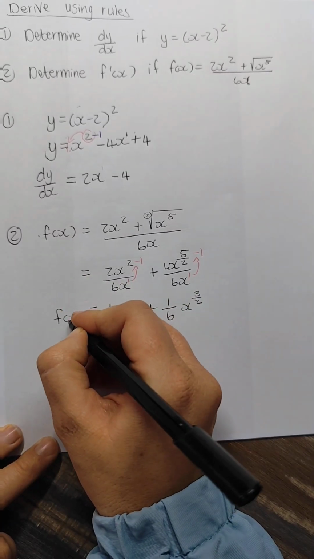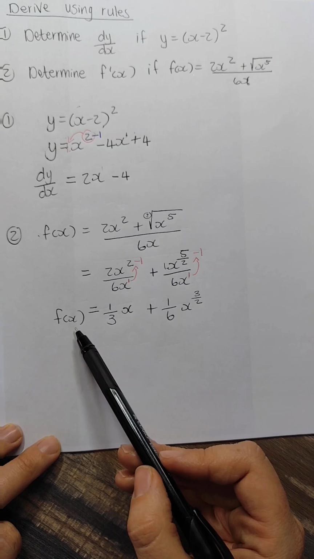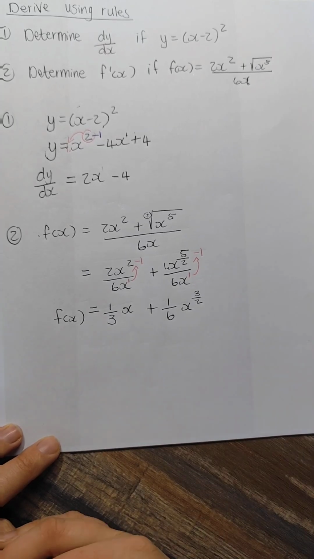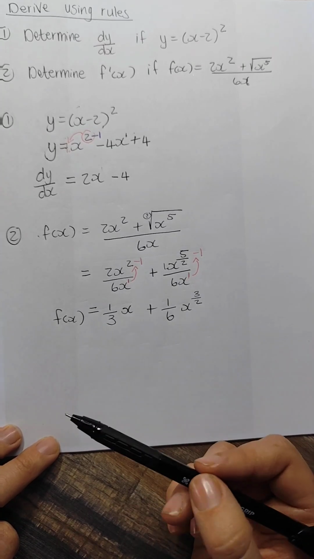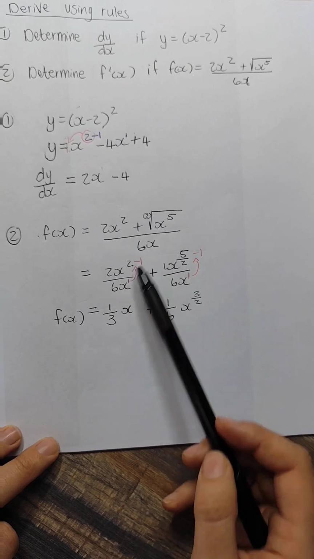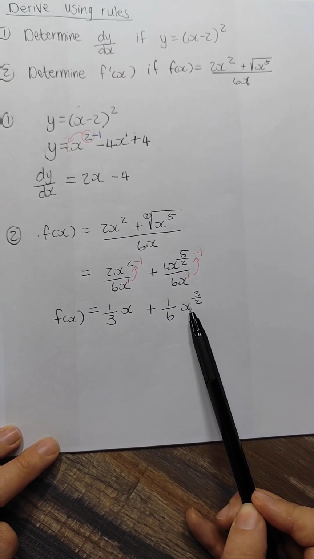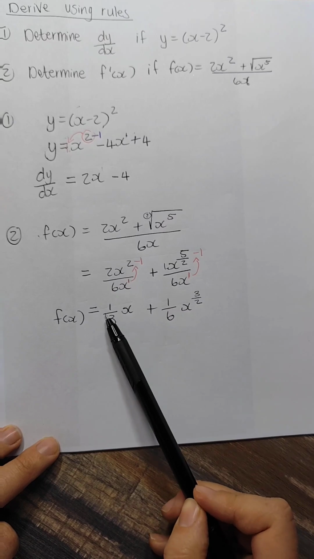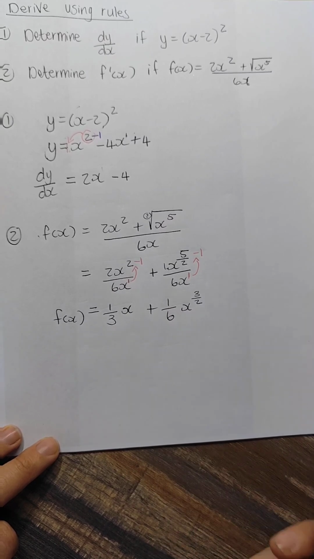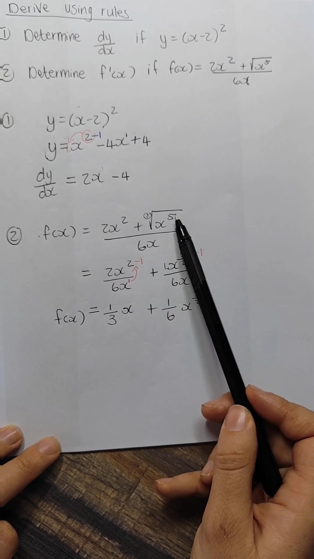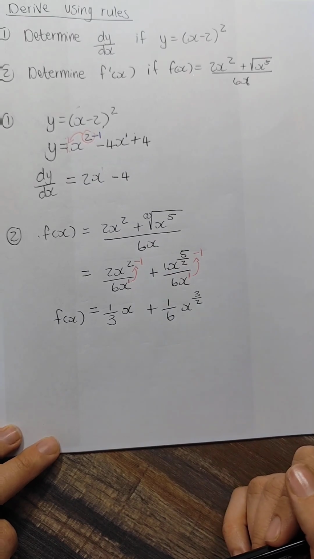And that is still f of x. We have still only simplified this equation. Now we have gotten rid of any fractions that we have with an x in it. So we don't have x in a fraction anymore. Yes, we have a third, but that's just the coefficient of x. We have gotten rid of our surds, and we don't have any fractions to worry about.